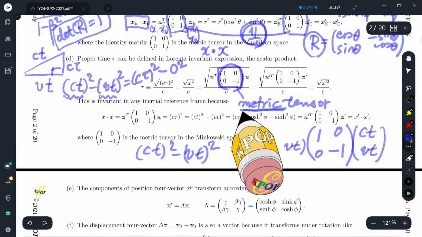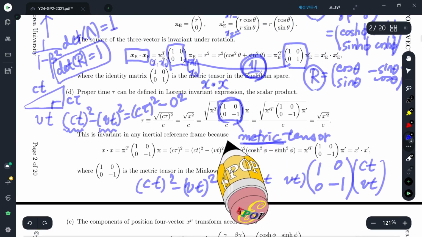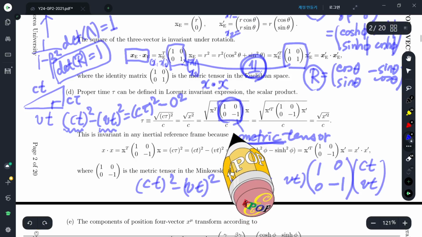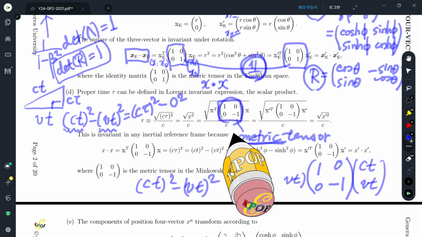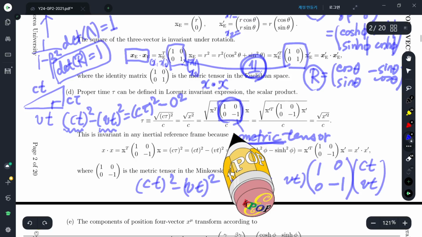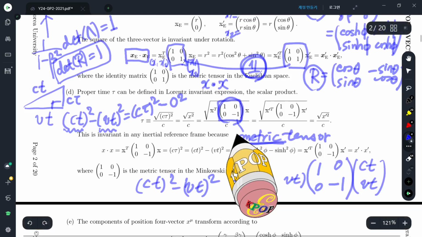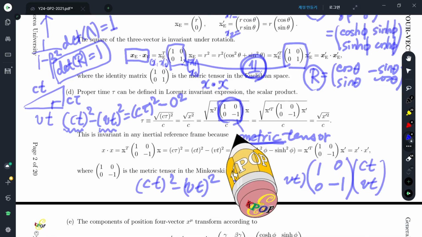Anyway, under this transformation, the Minkowski 4 vector has the scalar product invariant under any kind of Lorentz transformation. We have seen the invariance of this scalar product along a single direction according to the Lorentz boost.